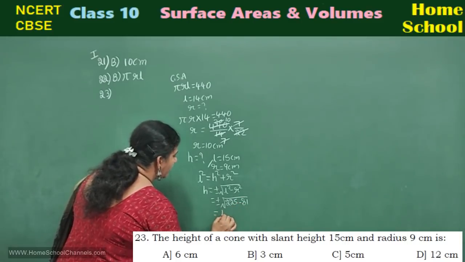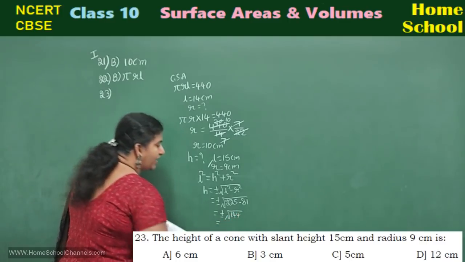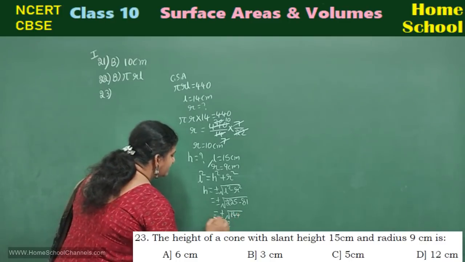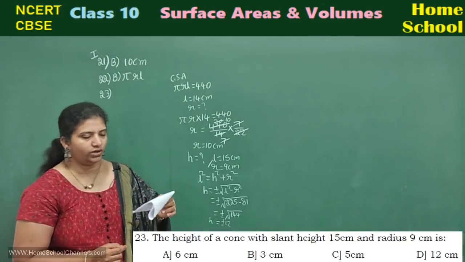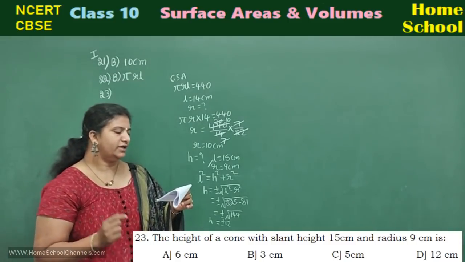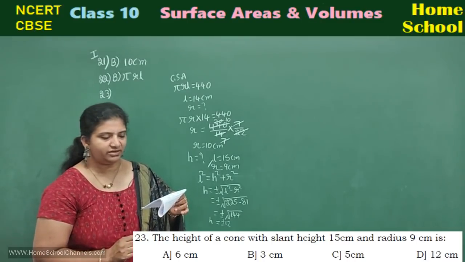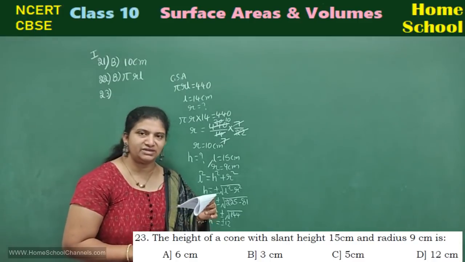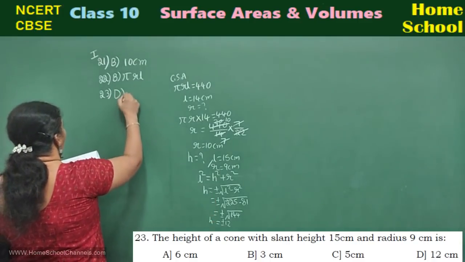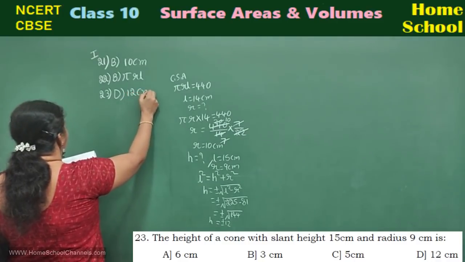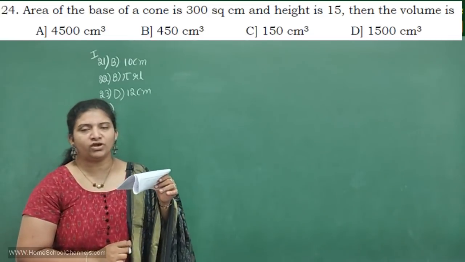Subtract these two, it will be 144. 144 square root is 12. Plus or minus 12 centimeters is the height of the cone. Check the option here. They did not give plus or minus and they have given 12 centimeters. Your option D, 12 centimeters is the right answer.